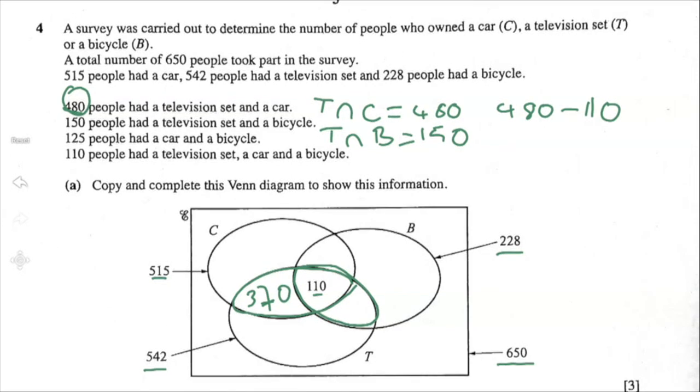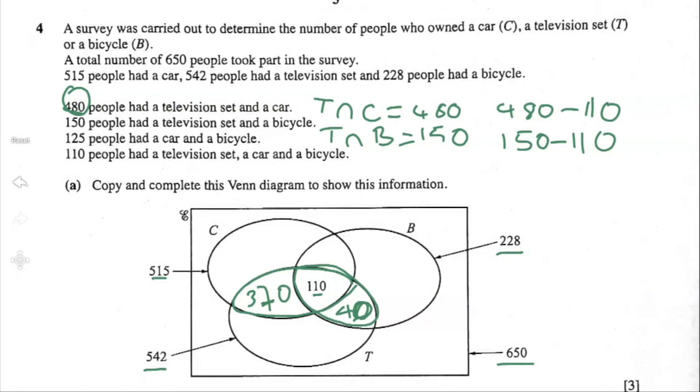Then how many elements are in this space here? If the total number of elements is 150, then you'll have 150 minus 110. If you work that out, you should be able to get 40 there.